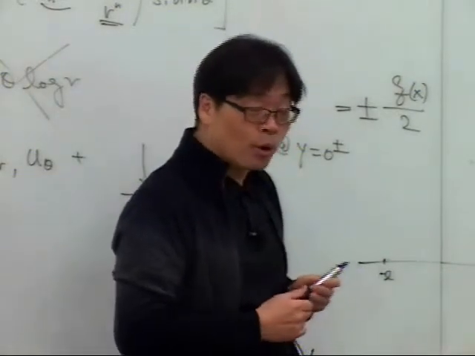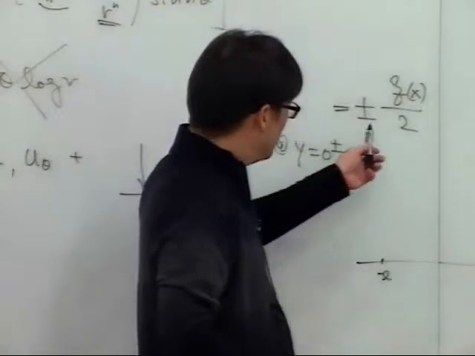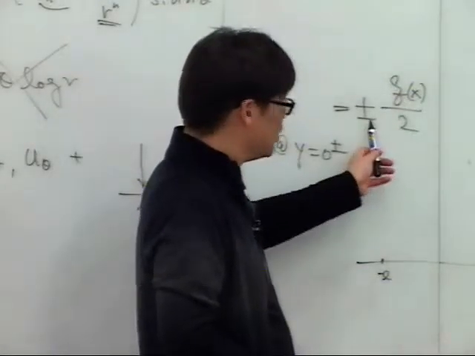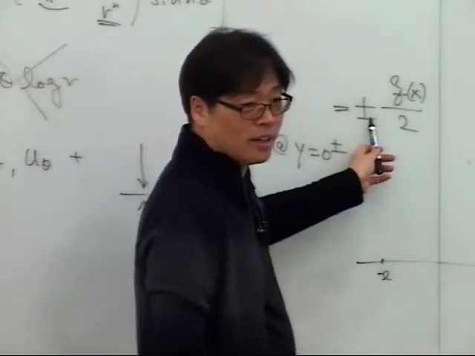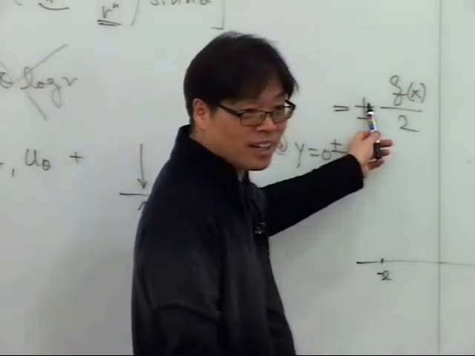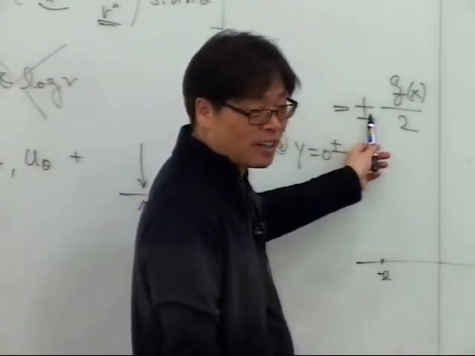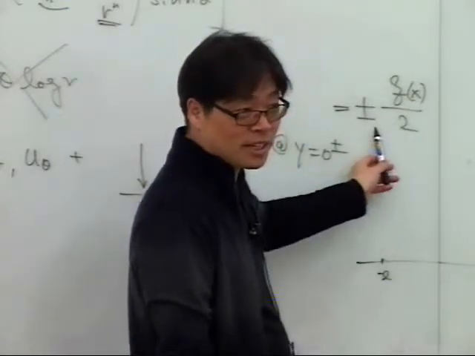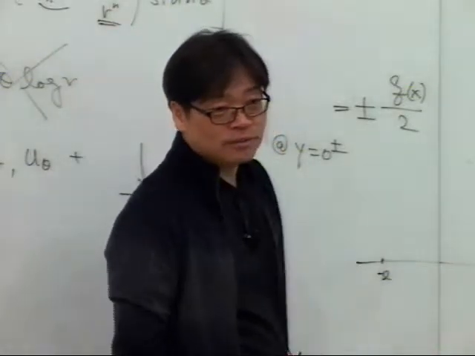So when you do your homework, check the minus part. In class I did the plus part. You go through the minus part and make sure this is the case, and then you continue.